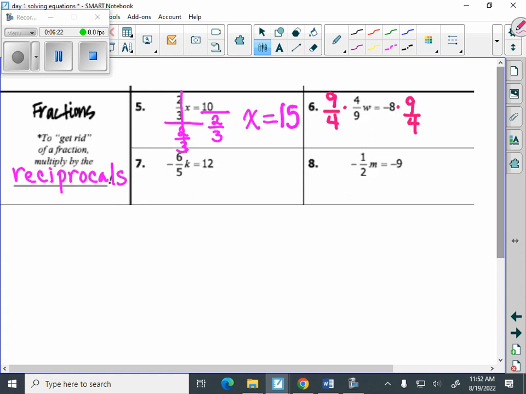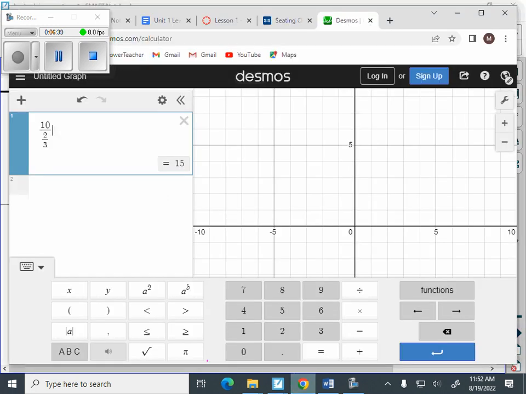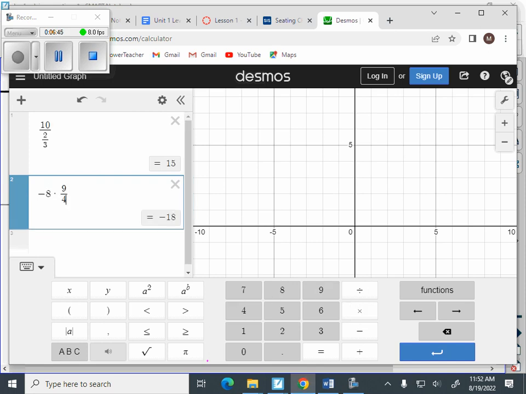On the left side of the equation, 9 divided by 9 is 1 and 4 divided by 4 is 1, and we're left with w. Then we can flip back over to Desmos and type in negative 8 times 9/4, which is negative 8 times 9 divided by 4, and that gives us negative 18.